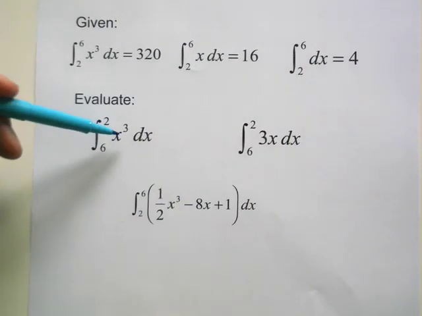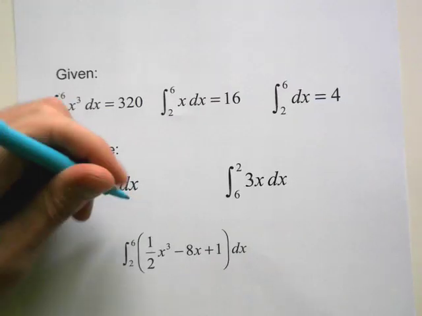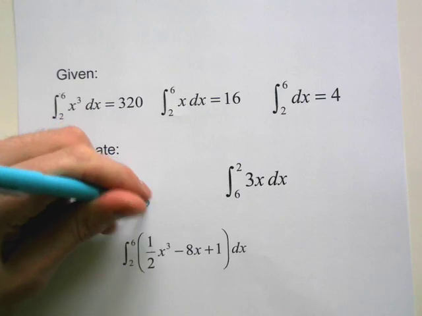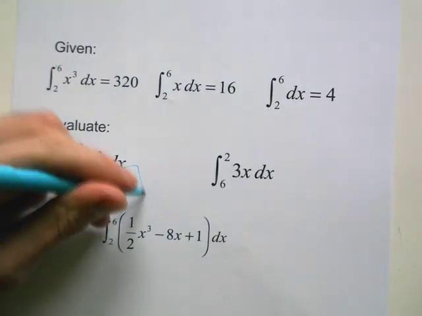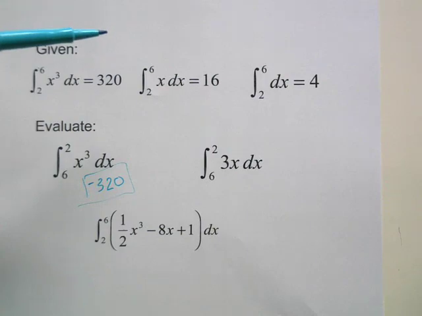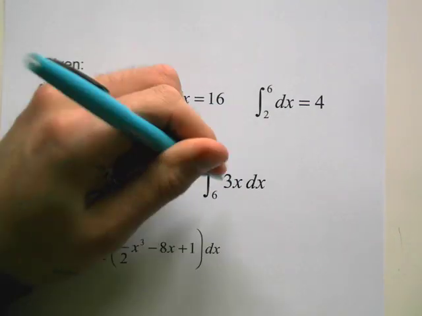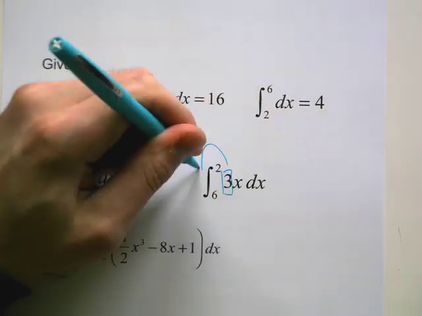So pause the video, try it on your own and see what you get, and I'll give you the answers, okay? So this first one says x to the third dx from 6 to 2. Well, this one goes from 2 to 6, so all I have to do is change the sign, -320. That's my final answer. Let's see, this one also goes from 6 to 2. So this is a couple steps here. I'm going to take the 3 on the outside.